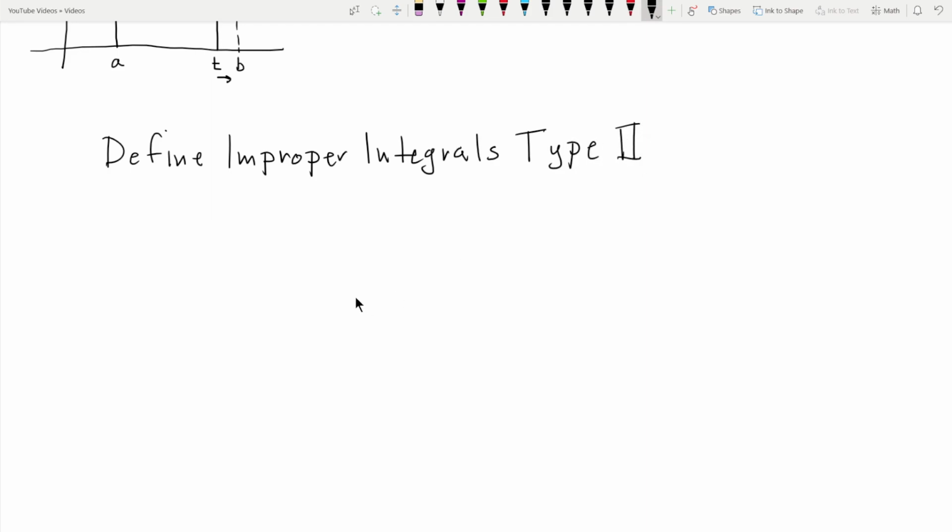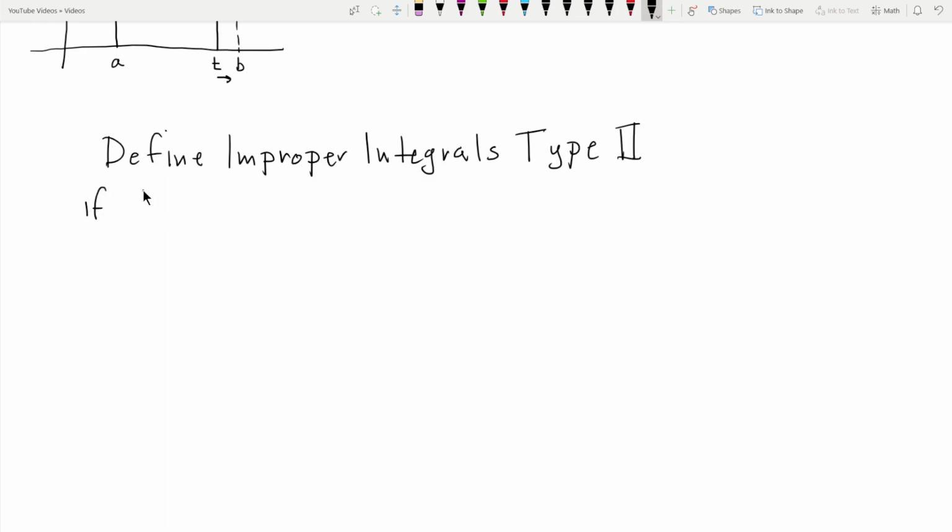For all of our integration, we deal with continuous functions. So we'll start with our right-hand endpoint being the asymptote.